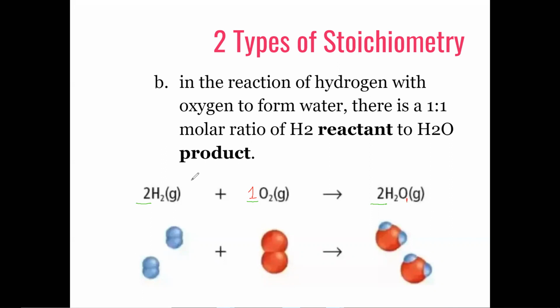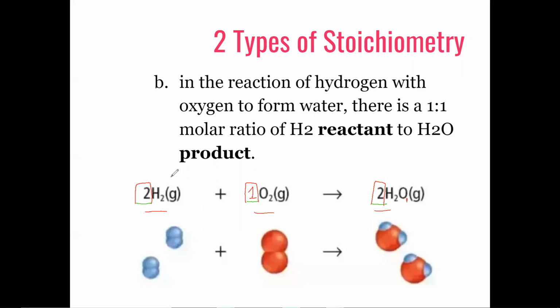Okay, so these numbers, this 2 in front of hydrogen gas, this 1 in front of oxygen gas, and this 2 in front of water are very important, because not only does this mean it takes 2 molecules of hydrogen and 1 molecule of oxygen to produce 2 molecules of water, we can scale that up a little bit. So this 2, 1, 2 is actually molar amounts as well.